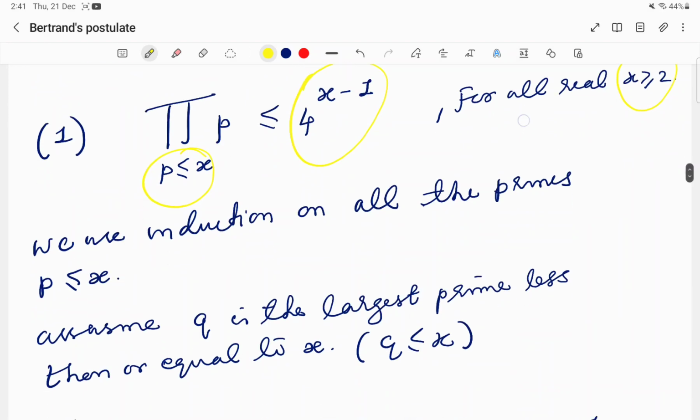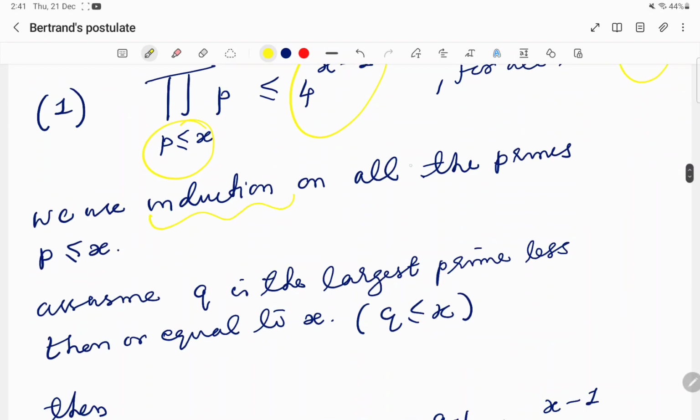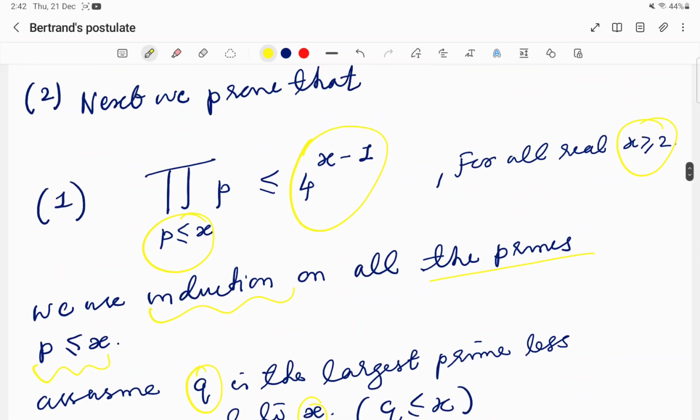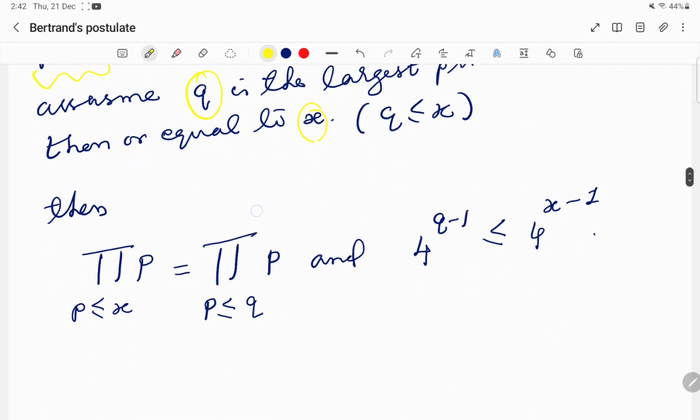Okay, so what we are going to do is we use induction on all the primes less than or equal to x. Okay, so assume q is the largest prime less than or equal to x. Now we can rewrite the left side of the inequality that we have to prove: the product of primes less than or equal to x equals the product of primes less than or equal to q.